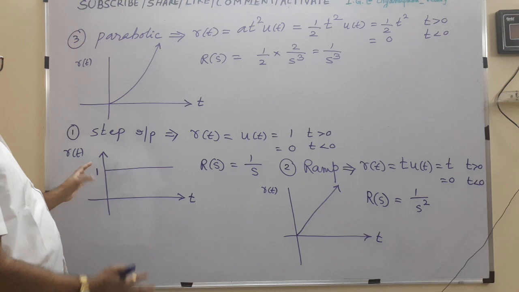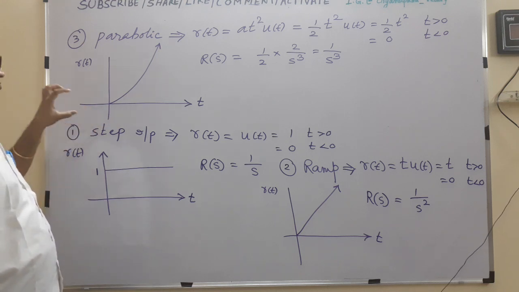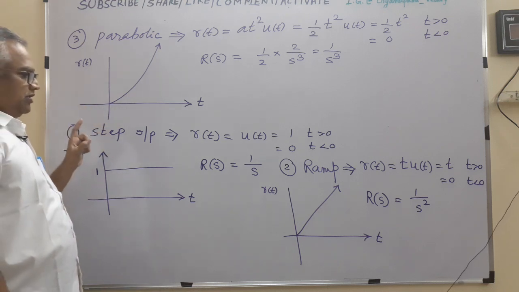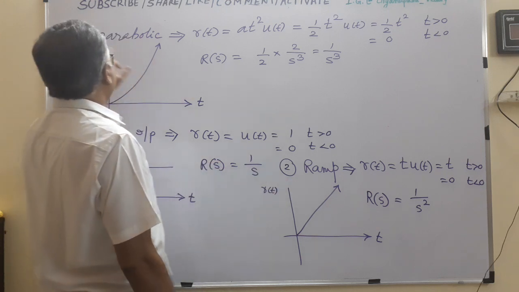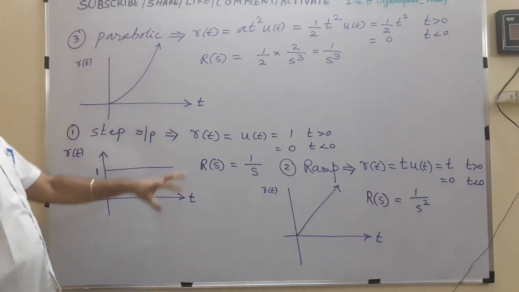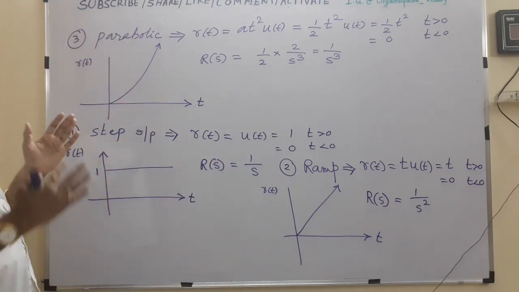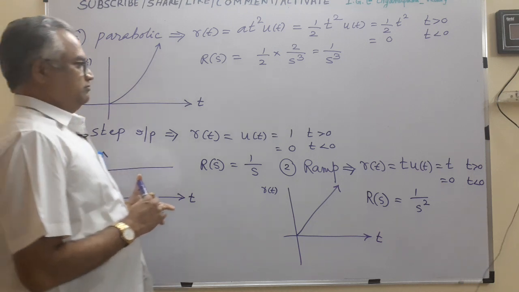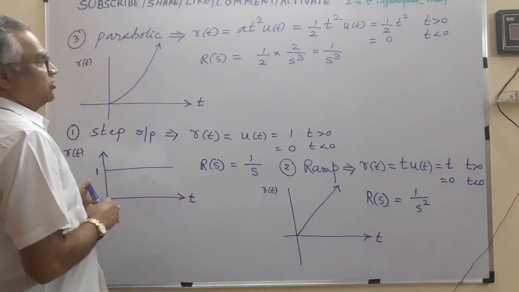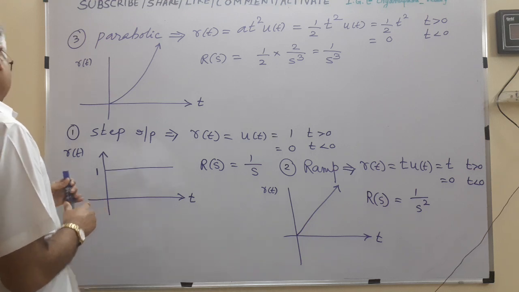So among all these three, step is the most powerful test signal, then second priority, then third priority. So these three we are using to test the system. That's why they are called test signals.